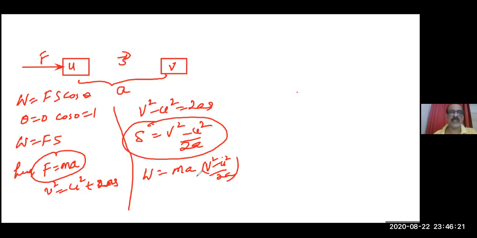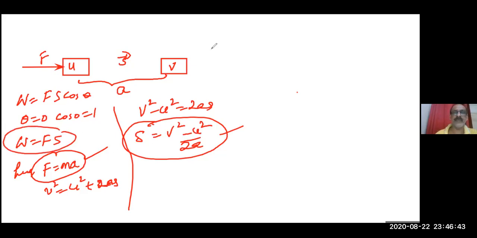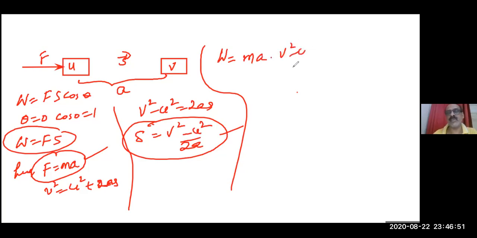Sir, can you please repeat from the beginning? From this part? F is already ma, S is given here, right? Substituting this value of F and S in this equation, W is equal to ma times V squared minus U squared by 2a.